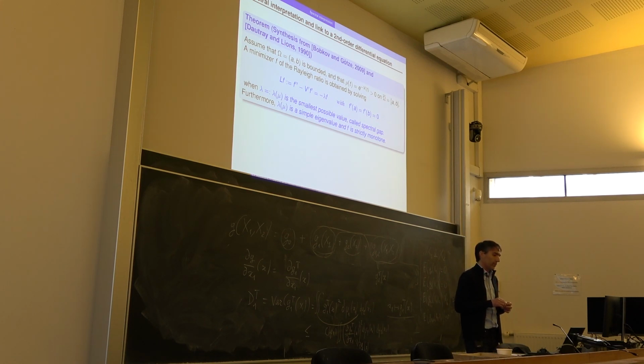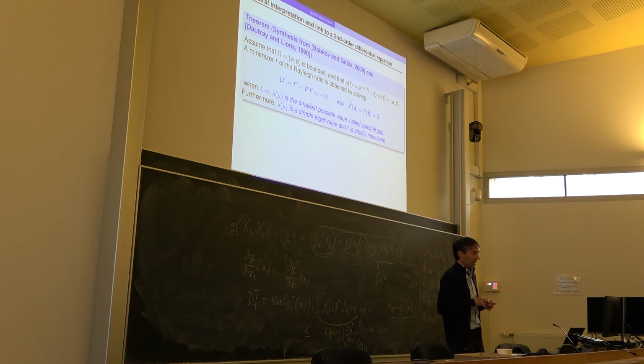It's the square of f twice minus v prime f prime, okay? And you want to find the eigenvalue of this operator, so you want to find lambda and f such that Lf equals minus lambda f, with Neumann condition, okay? So it's a spectral problem.